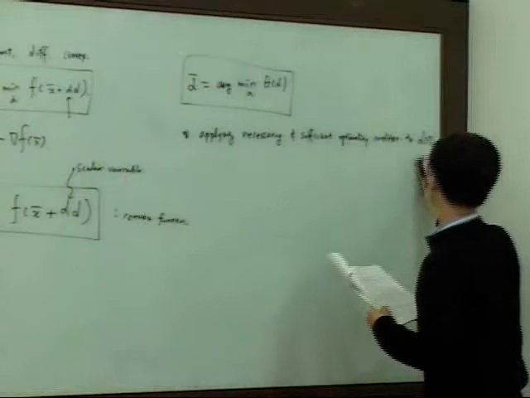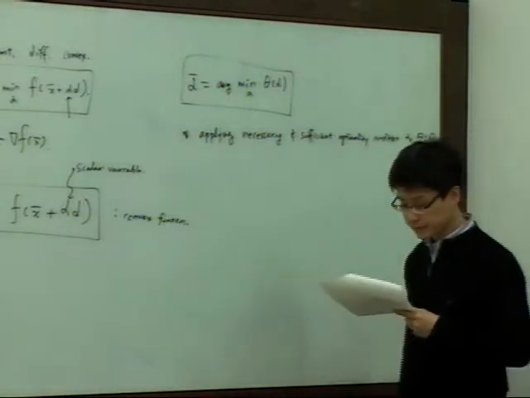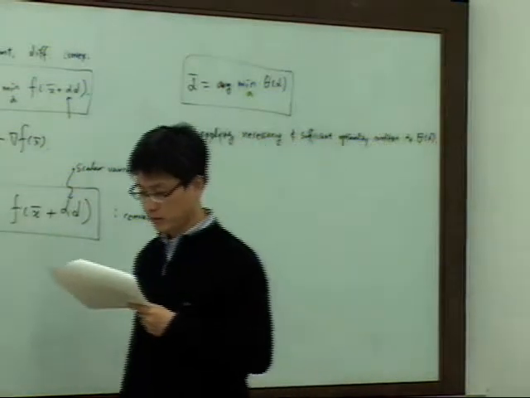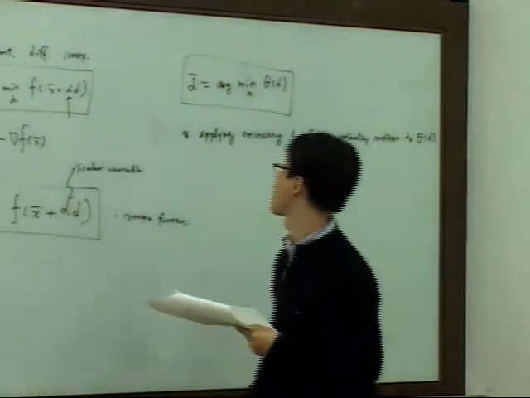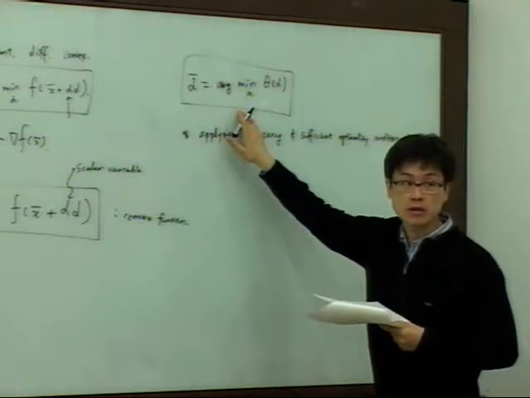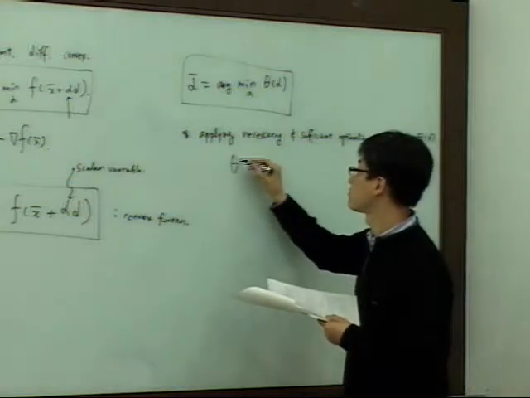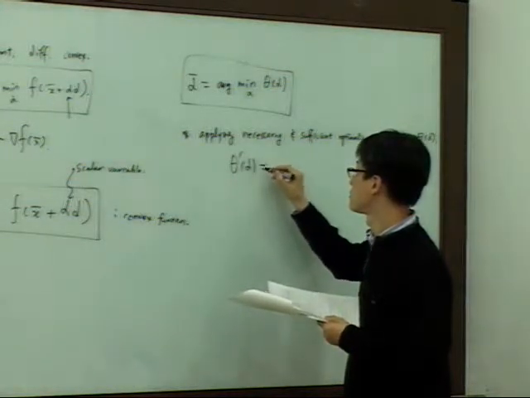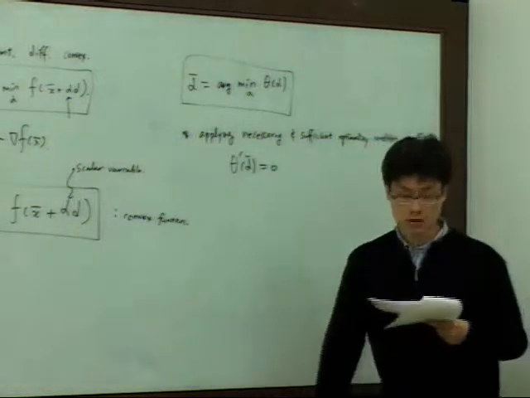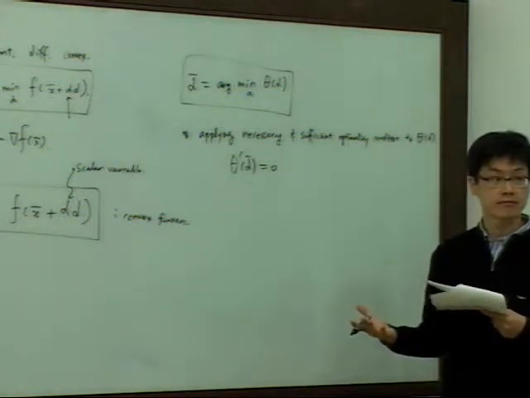the other way around, then the solution of this minimization is just solving this alpha bar, right?